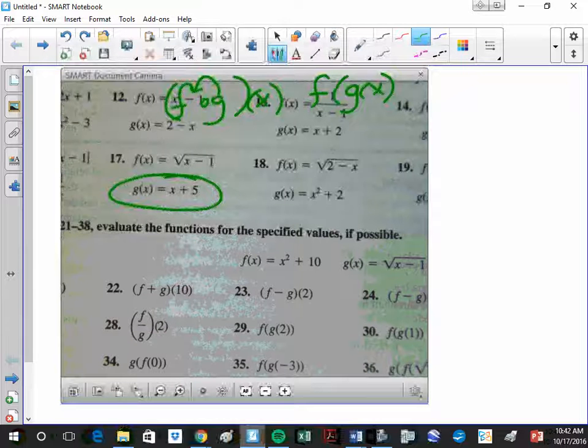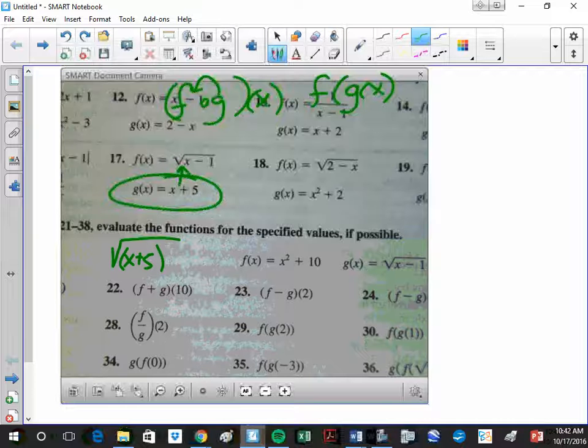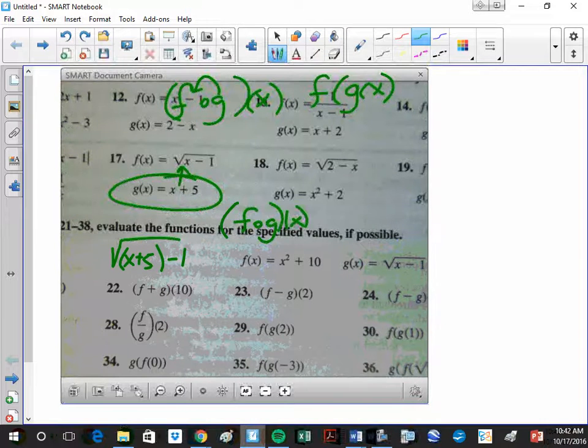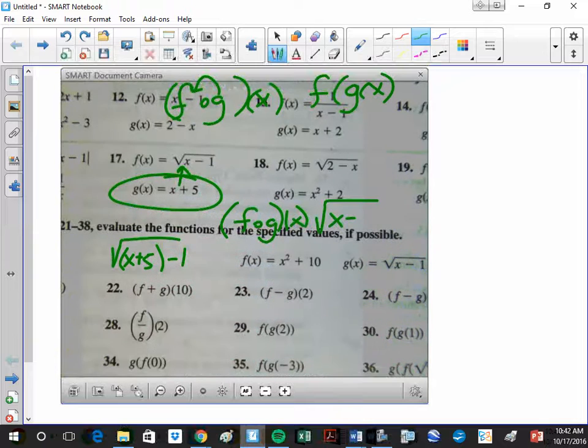But if it was a quadratic, like x squared plus 2x plus 1, every x would become x plus 5. So I stick this in here, and I get the square root of what used to be x is now x plus 5 minus 1. Okay? So f of g of x is the square root of x plus 4.